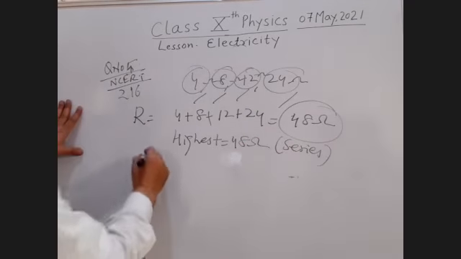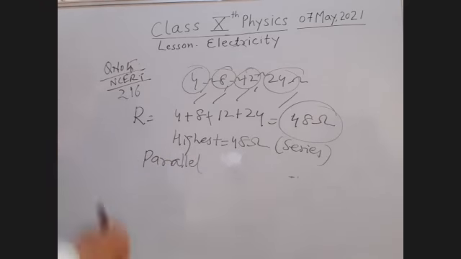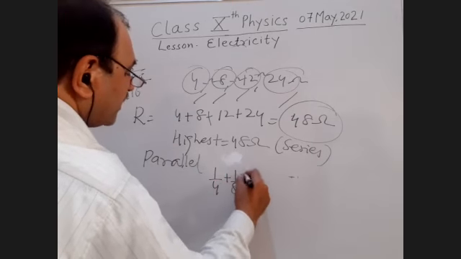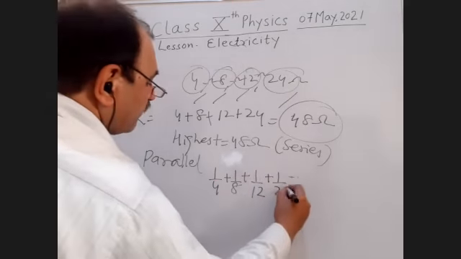But when they are connected in parallel, what will be their net resistance? It will be 1 by 4 plus 1 by 8 plus 1 by 12 plus 1 by 24.